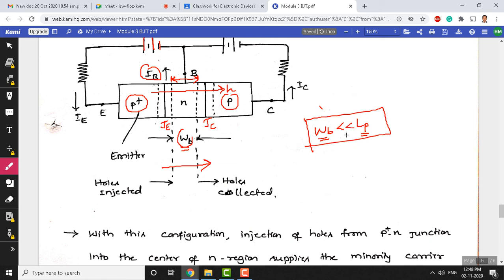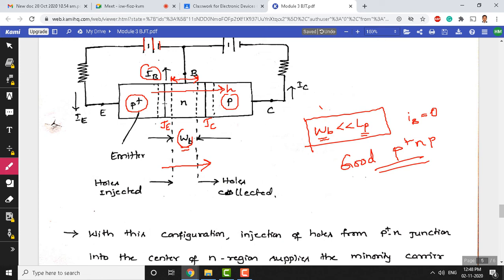With this condition, and also if we can make IB as 0, this is a good P plus NP transistor. Even in an NPN, if you are able to achieve this condition, that is going to be a good transistor design.